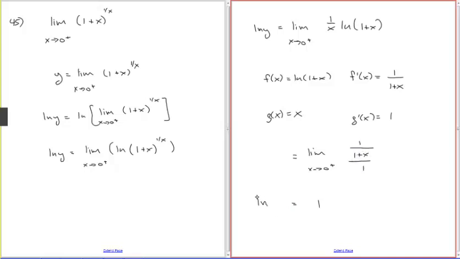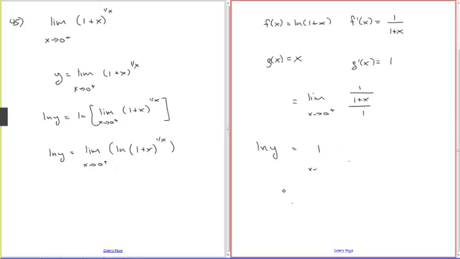So we know that the natural log of y, which is our limit, is 1. Then if you raise e to both sides, this becomes just y, and this becomes e. And so the limit of this original expression equals e.